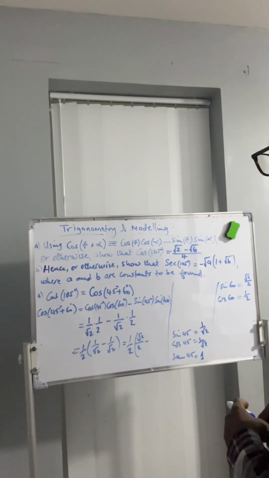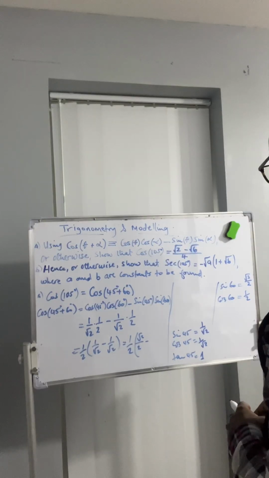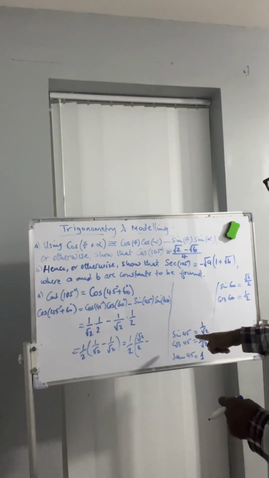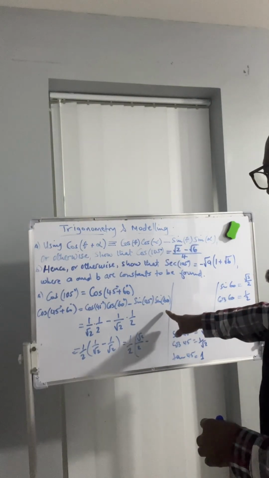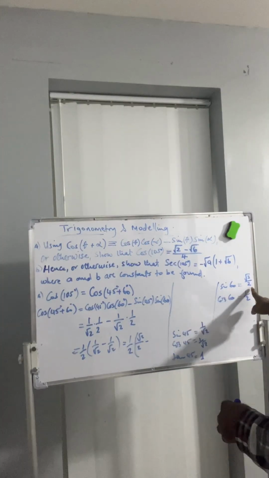Something has gone wrong somewhere. Sine 60 is root 3 over 2.